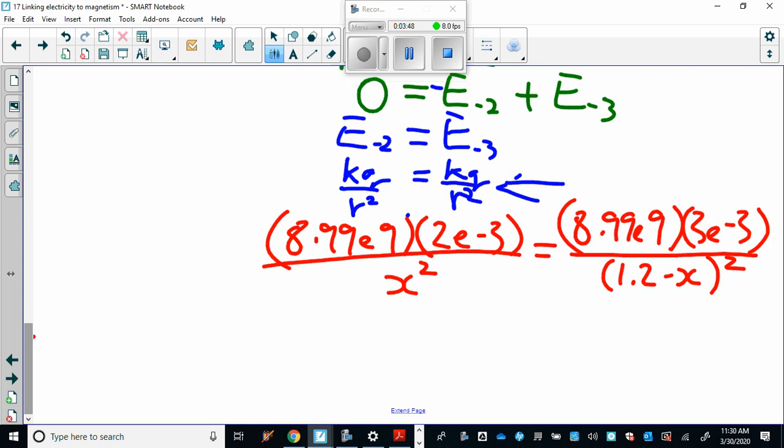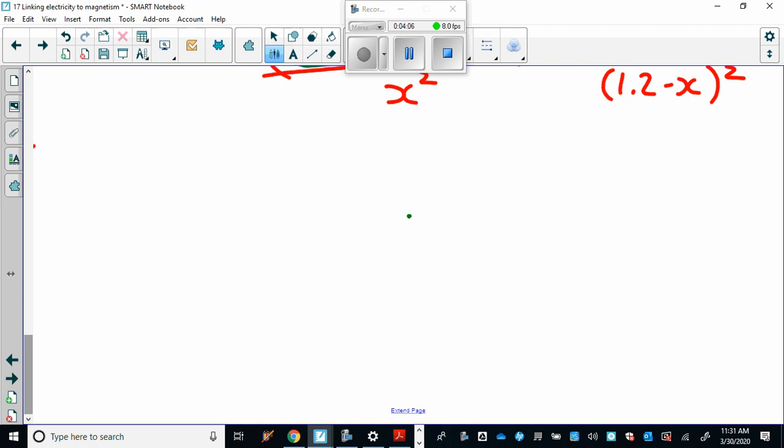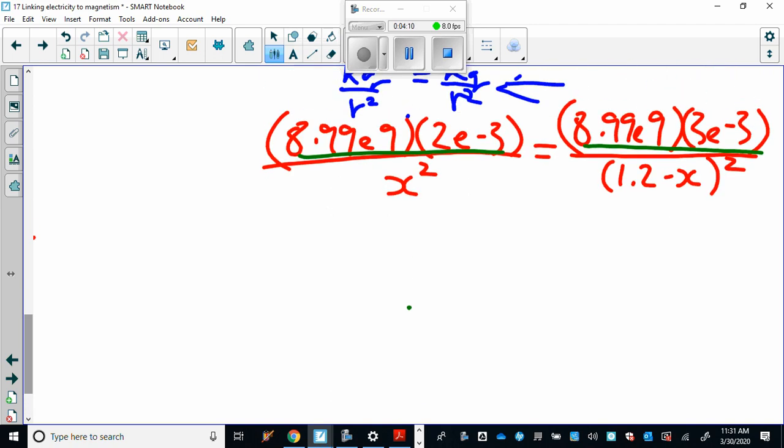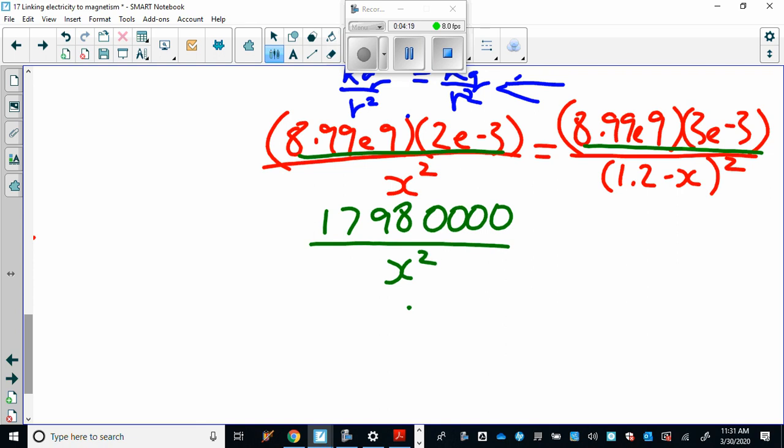Okay, and now it's simply a matter of solving for x, which can be complicated because it's really a quadratic, but it actually gets simpler if you do it as follows. Multiply this out, multiply this out, and that is going to give you 1,798,000 over x squared.